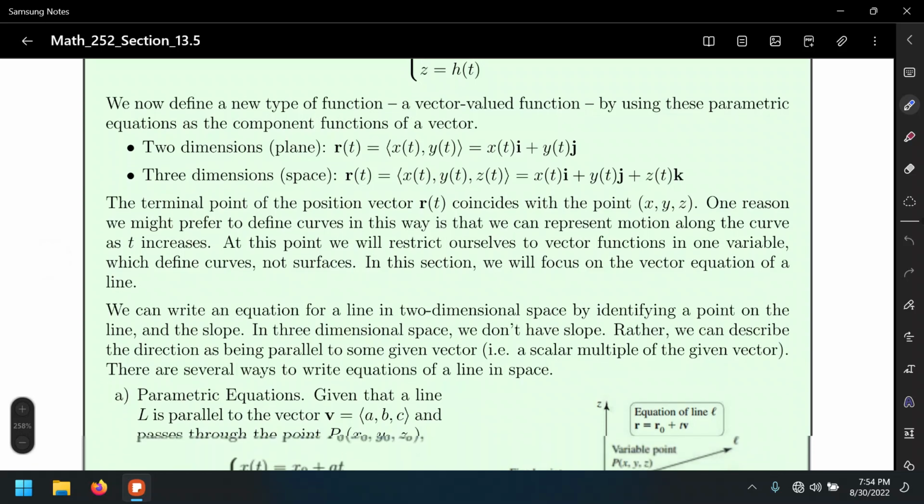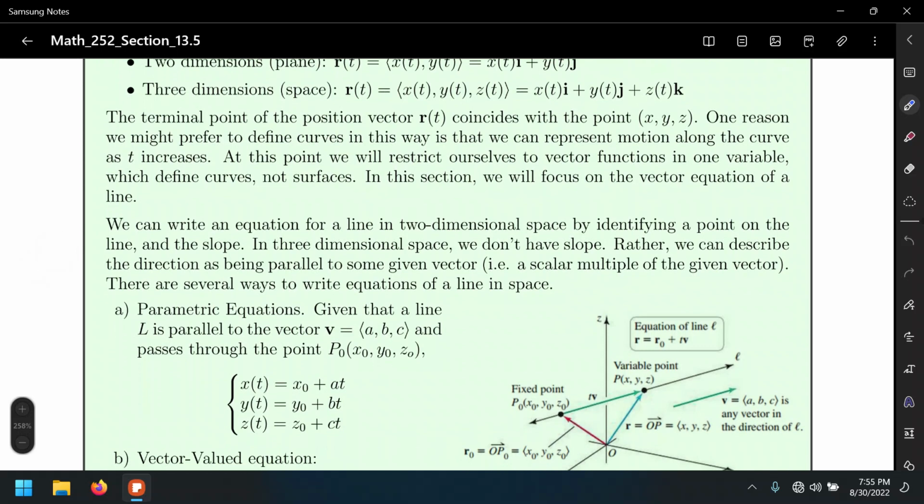In this case, we are going to look at functions of 1 variable, which will define curves. Later in the next chapter, we're going to look at spirals and other functions that define pretty cool patterns. However, multivariable functions in parametric form will define surfaces. We may look at some of this at the end of the semester when we look at surface integrals and flux integrals. You'll see when we get there.